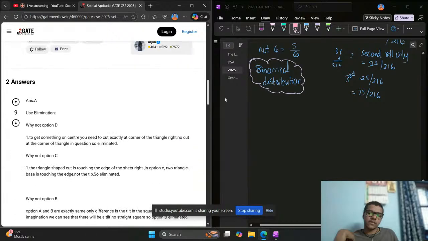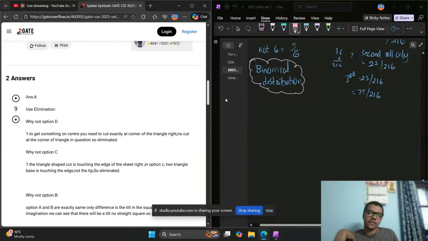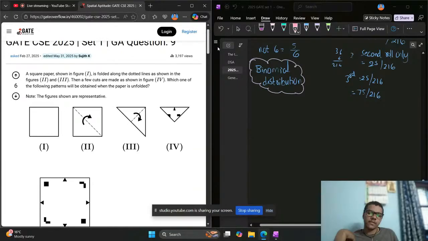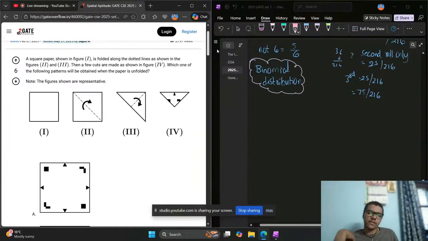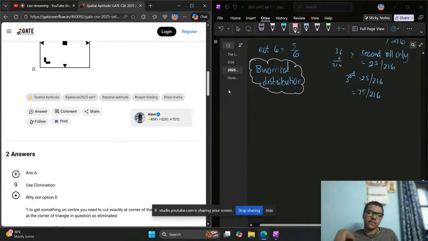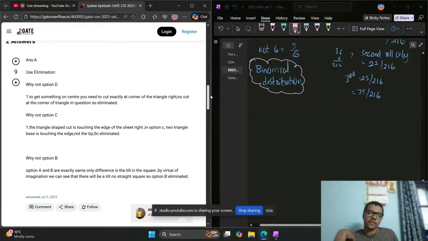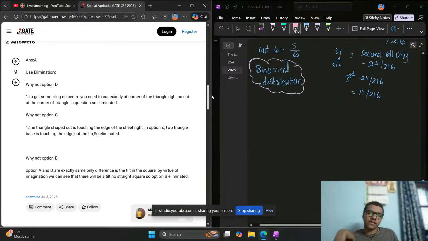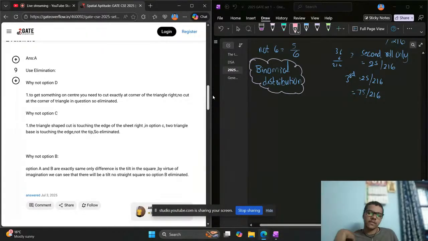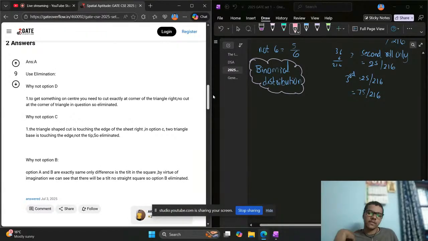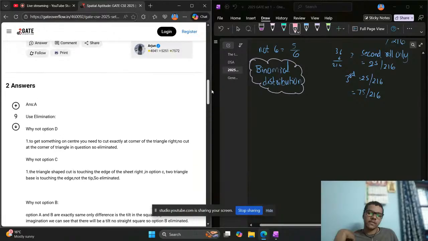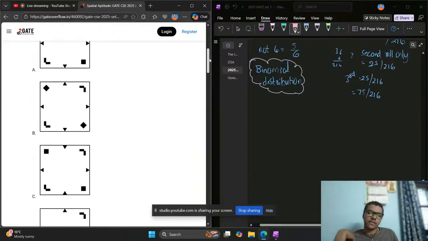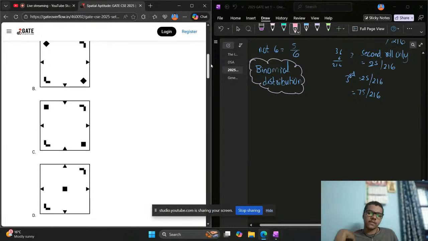Okay, spatial attention. Okay, he wrote something. To get something in the center, you need to cut at the corner of the triangle. The question is, isn't it? Triangle shaped cut is touching the edge of sheet C. What?